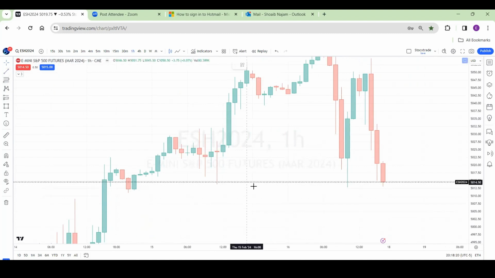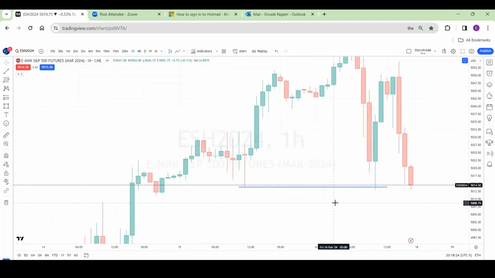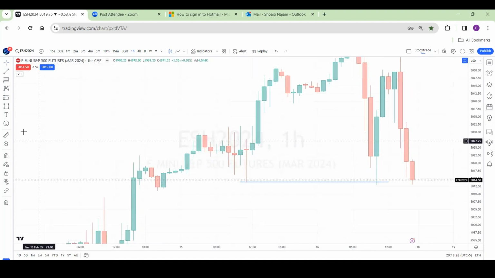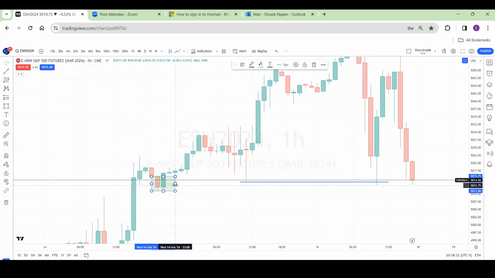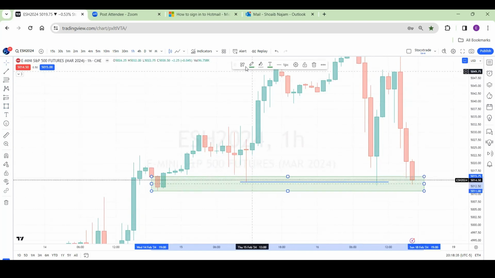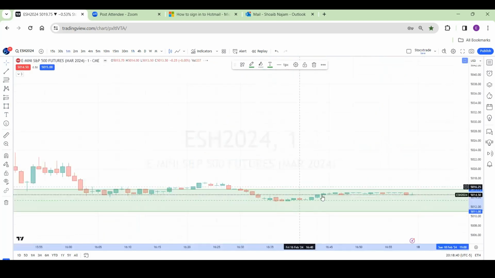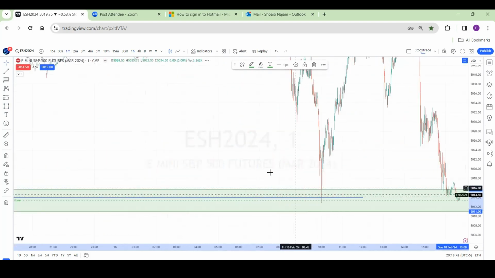If the market breaks this liquidity, this low, then there are more chances I can take the entry, because this is my demand zone, the last candle before the reversal. I will see the reaction once the market comes into this demand zone.